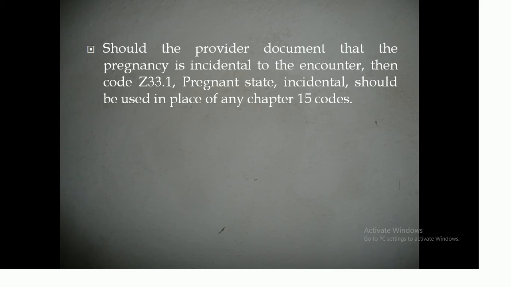After the lab results come to the physician, he gives the diagnosis, and if he states that the patient is pregnant incidentally, unknowingly, in those cases we have to code Z33.1. So whenever in the medical report the physician documents that she is pregnant incidentally, unknowingly, we have to code the Z33.1 ICD.